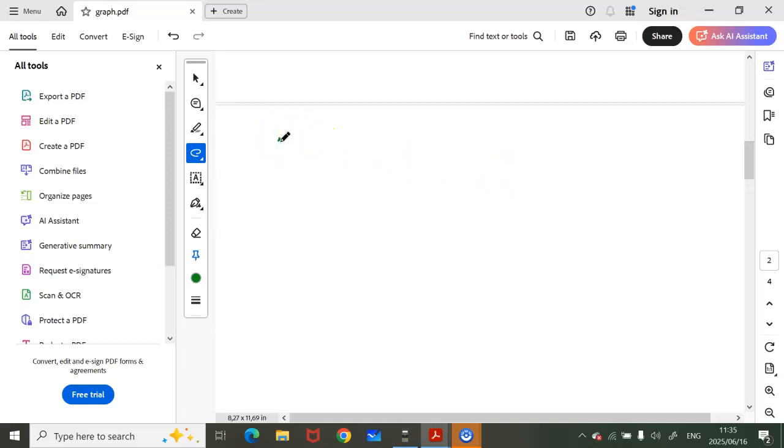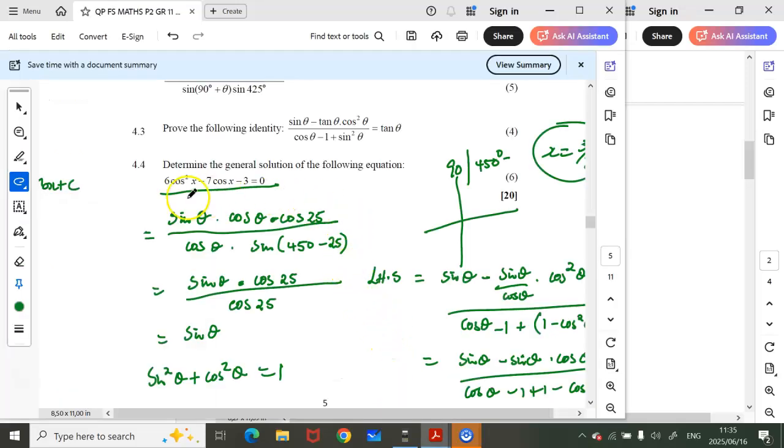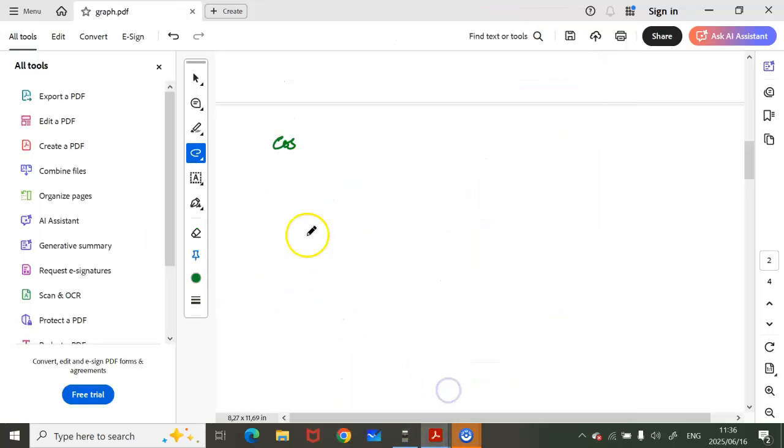Remember the function was cos, right? So cos x is equal to minus 1 over 3, and cos x is equal to 3 over 2, right?